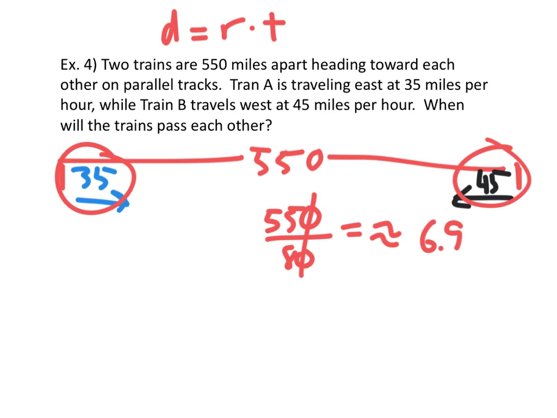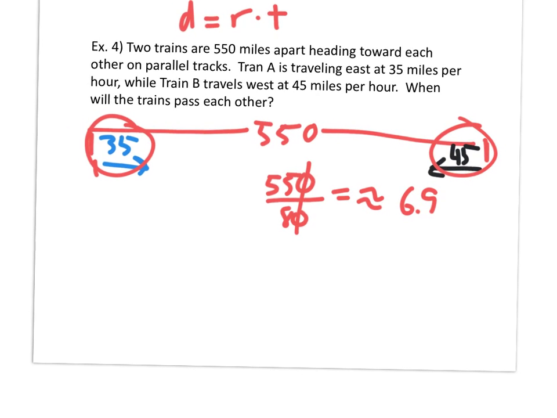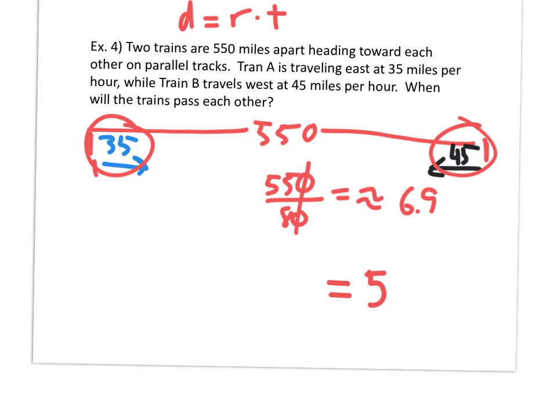That's using logic, but the real way to do this is to set up a problem similar to the ones we set up before, where we say, okay, we know that the total distance from one train to the other is 550. And that's the total distance, right? Now, we know that one train travels the distance of rate times time.